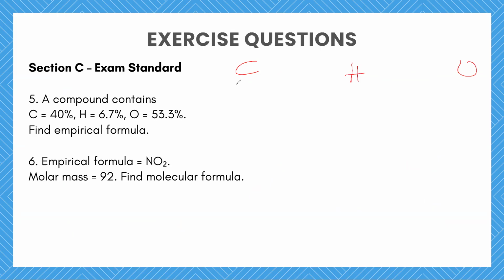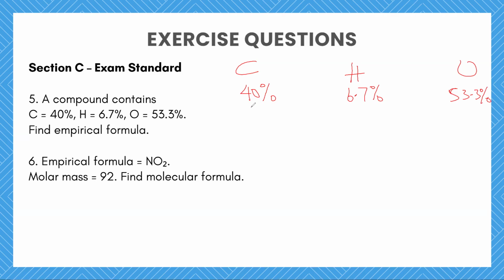Now for carbon, we have 40%. We have 6.7% for hydrogen, and we have 53.3% for oxygen.